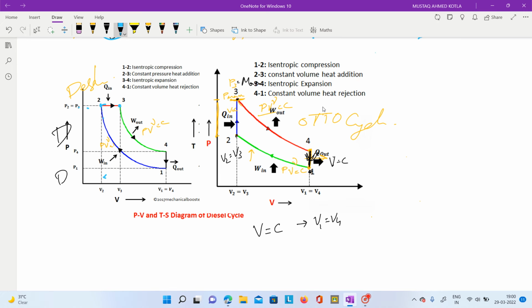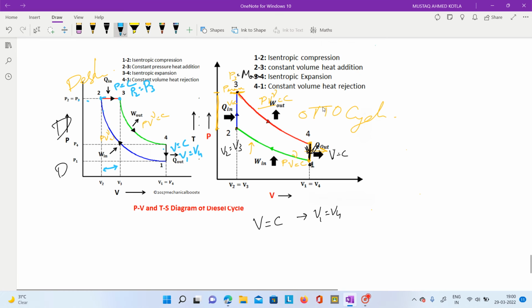You can see the difference of volume, which is called the change in volume. Then here pressure is constant, we have to remember, P2 equals P3, right? Here heat is coming out and volume is constant, V equals constant, that means V1 equals V4, right? In the diesel cycle. Okay, it is a basic concept.